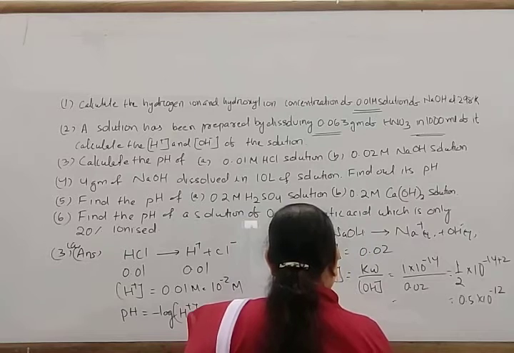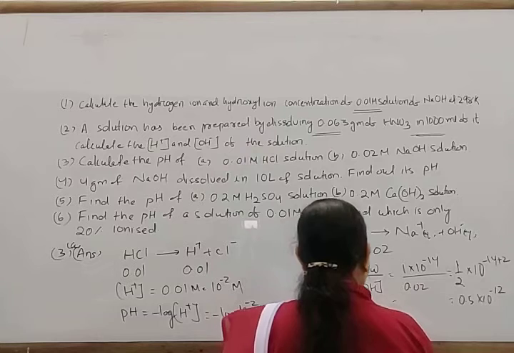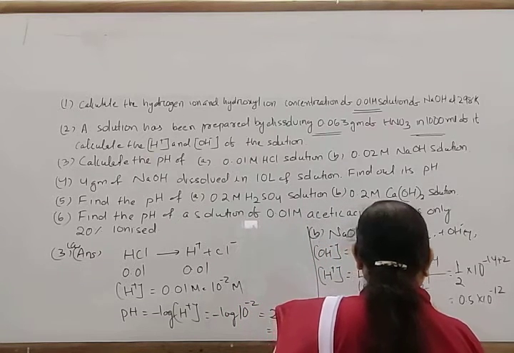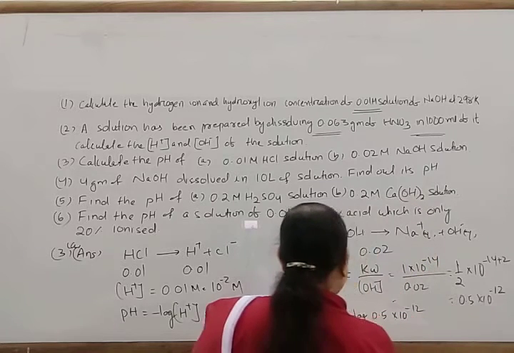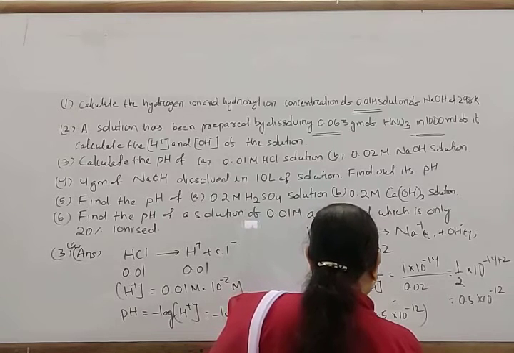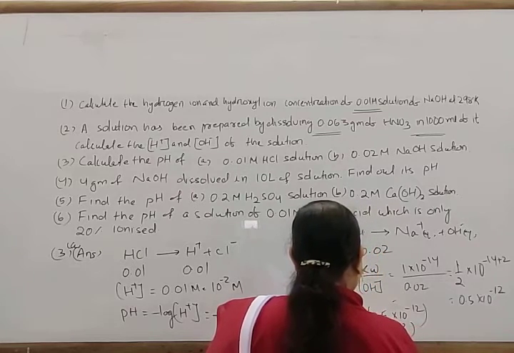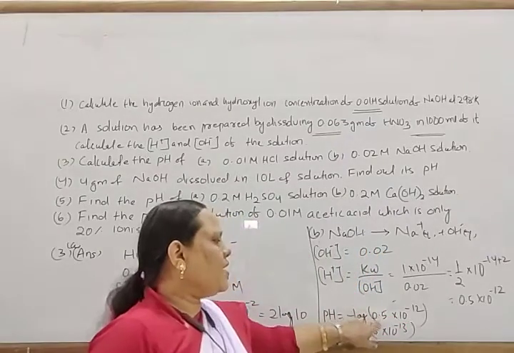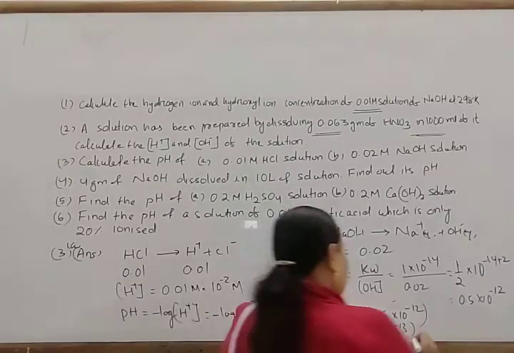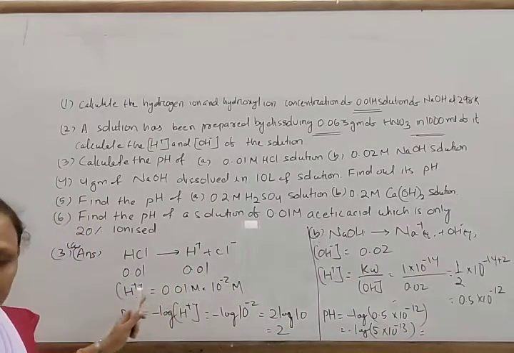Now pH is minus log of 0.5 into 10 to the power minus 12, that is minus log 5 into 10 to the power minus 13. So here this HCl part is over. Now I am going to solve here.